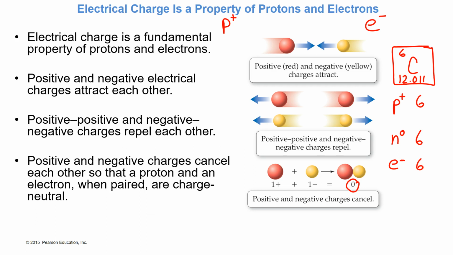If we went back to the Bohr model that we talked about yesterday, if I were to draw that, I'm going to draw a partial Bohr model, so proton 6, neutron 6, and then carbon is in the second row. So in my first energy level, it has 2.